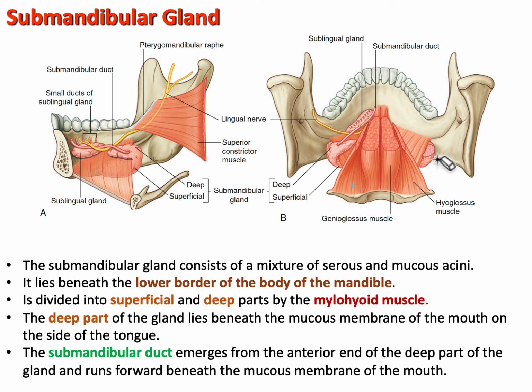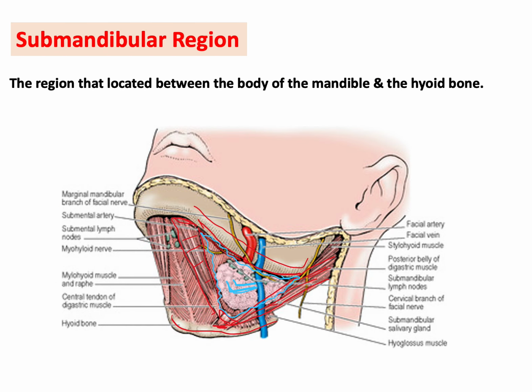So what do we have to know about the submandibular gland? Although it's for histology, you have to know that it's a mixed gland. That means it has serous and mucous acini histologically, and it's located beneath the lower border of the mandible, as I showed you here.